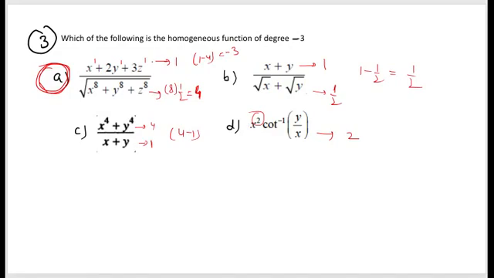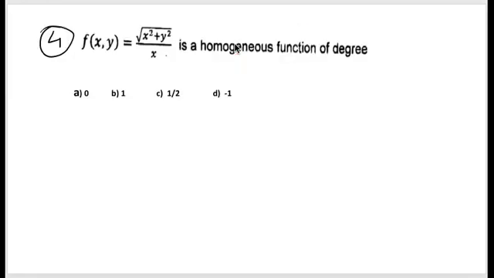So half of 8 is 4, and here the numerator is all 1. The final degree will be the difference, 1 minus 4 is minus 3. So A becomes the option, because for B the numerator is 1 and the denominator is half, so here it is 4 and the denominator 1, which is 3, and here it is already in the standard form, degree 2. So out of these three, the appropriate option as per the required degree minus 3 is A.